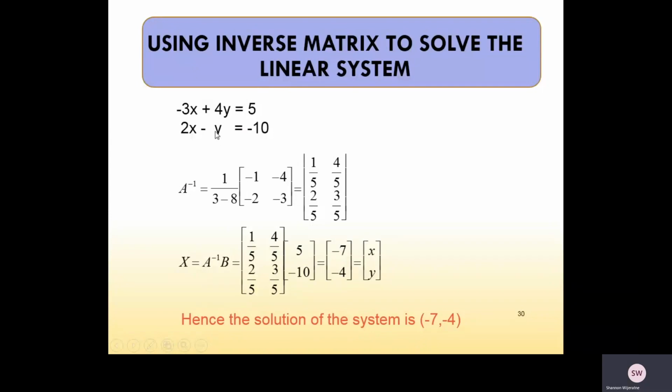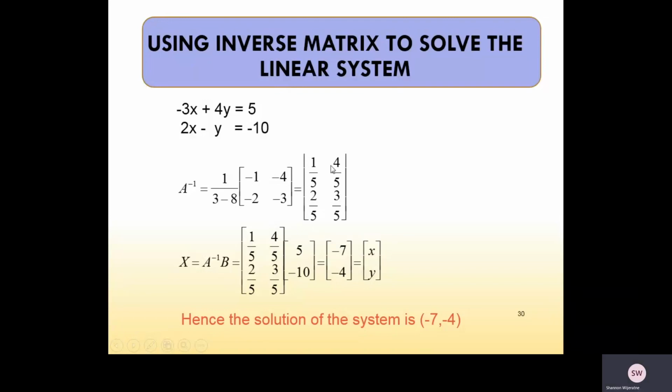Minus 3 into minus 1 is 3, minus the cross product of these two elements, 2 into 4 is 8. So the determinant is minus 5, and then the inverse is equal to this matrix.